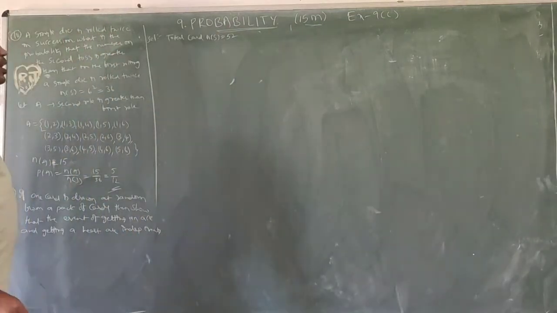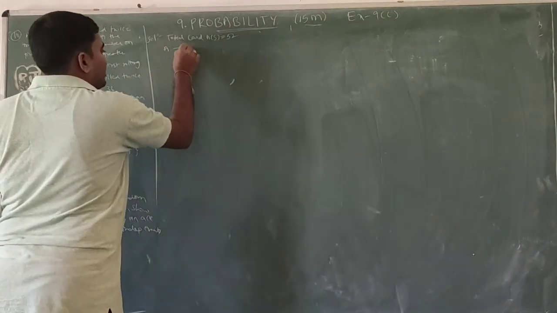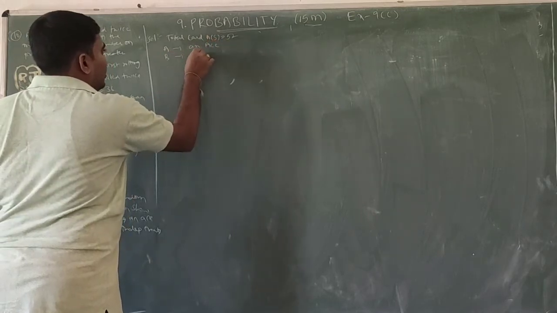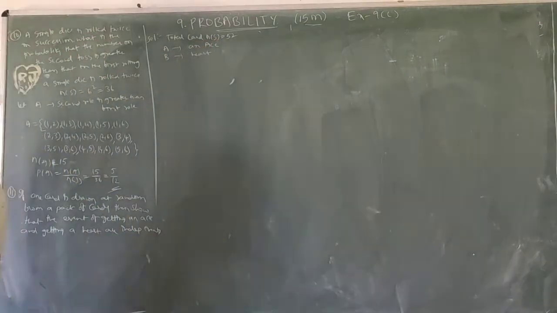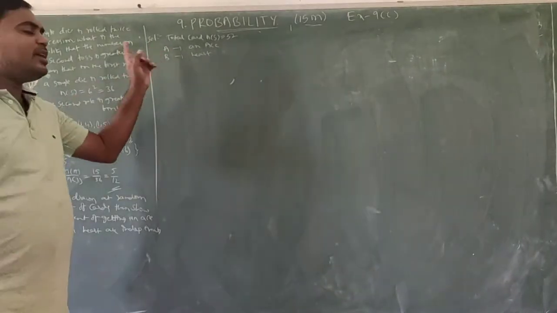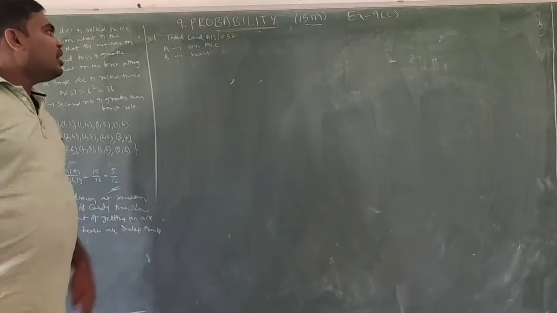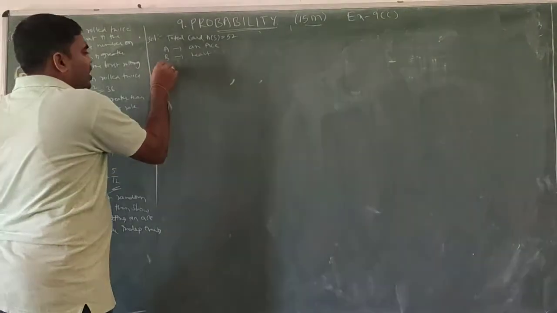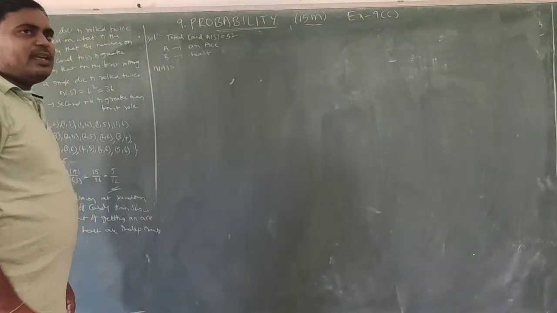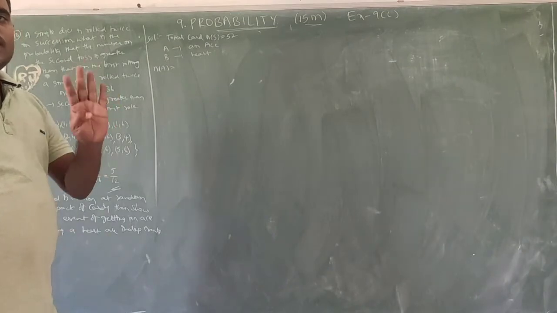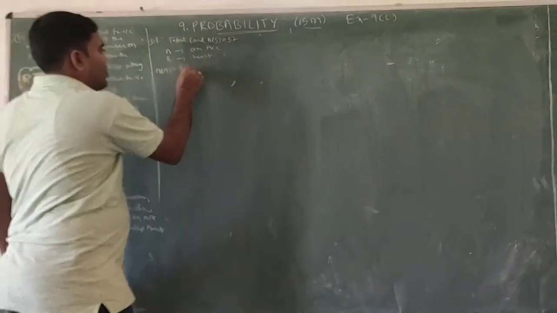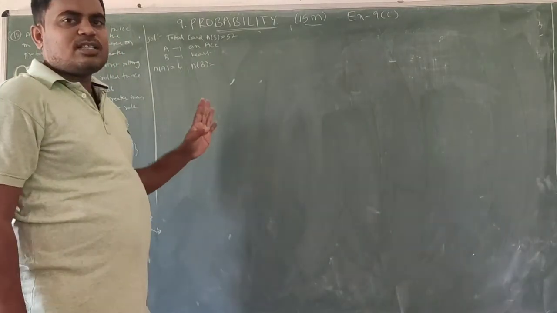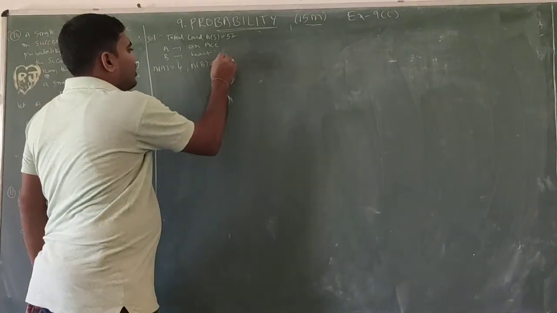Out of 52 cards we are picking an ace and a heart. I am taking event A, picking an ace, and event B, picking a heart. So N of A equal to how many aces in total cards? 4 aces. N of B, how many hearts? Hearts 13. So N of B is 13.